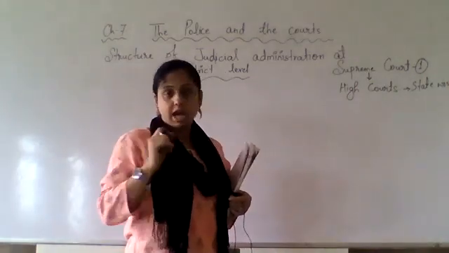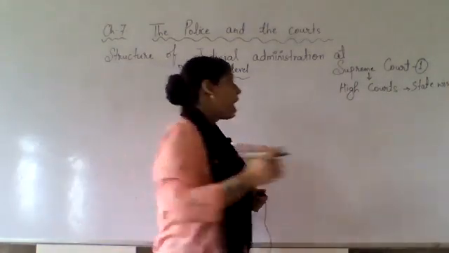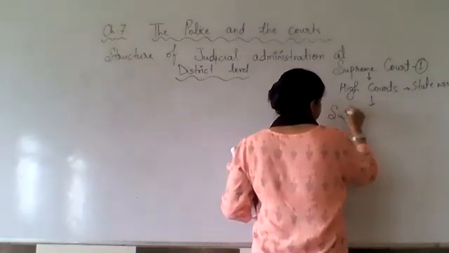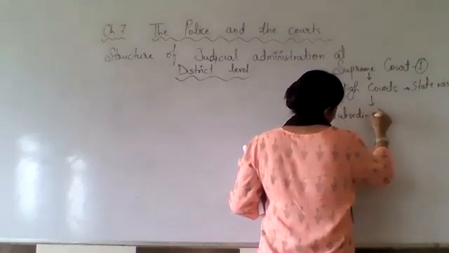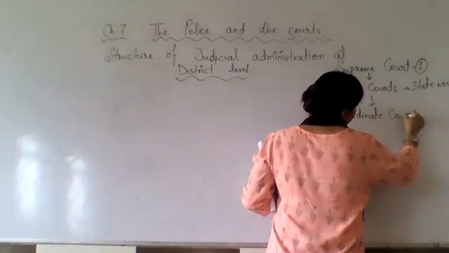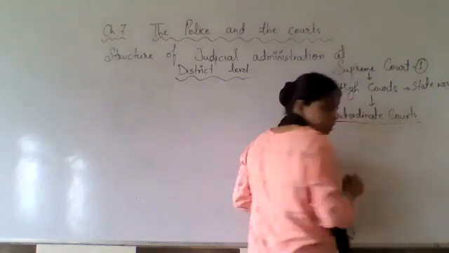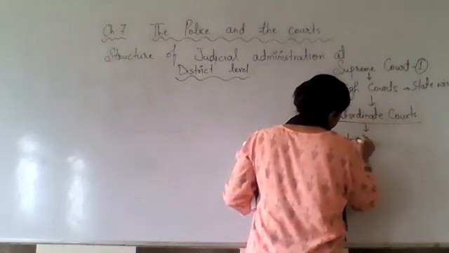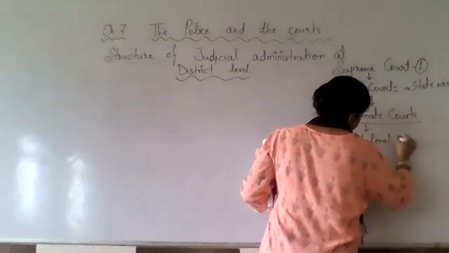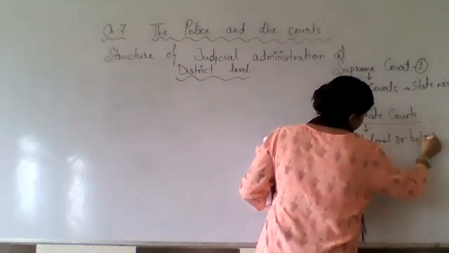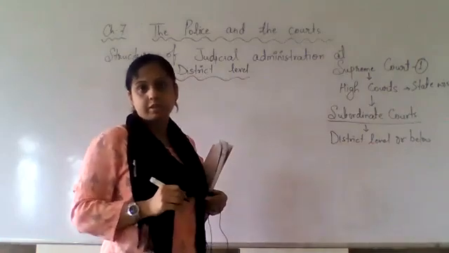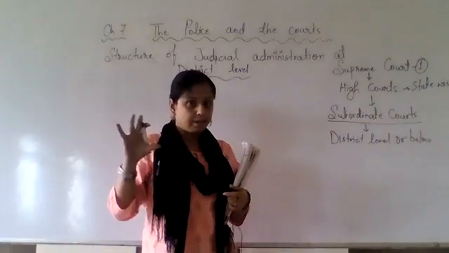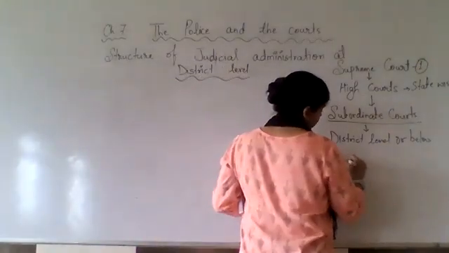Now these high courts are in the states. And after this we have the subordinate courts. These subordinate courts are the courts on the district level or below. Okay. Now, suppose there is one district.